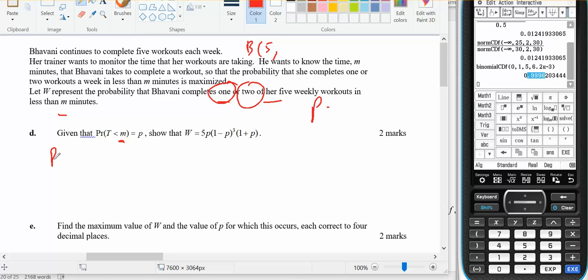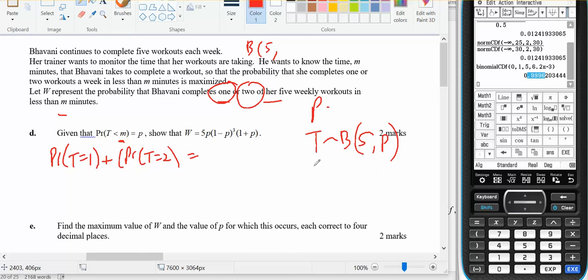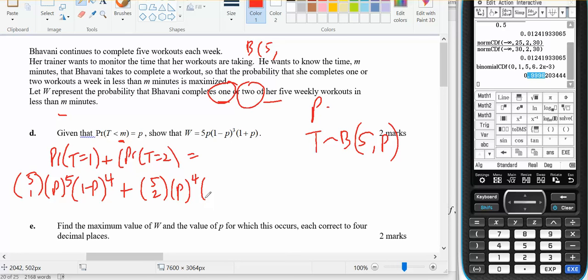So the probability that T equals 1 or the probability that T equals 2 is equal to that. So T is binomial, it's still 5, but I don't know the probability because that's what I'm trying to work out. So that will be 5 choose 1, p to the 1, 1 minus p to the 4, plus 5 choose 2, p squared, 1 minus p to the 3.